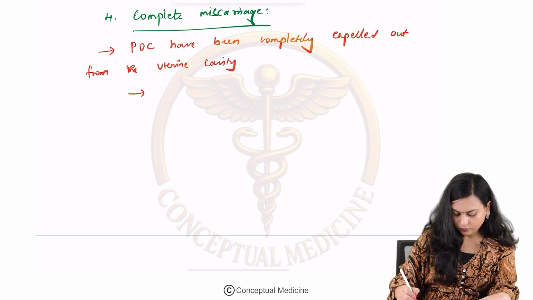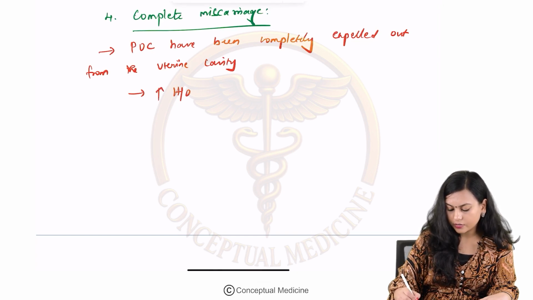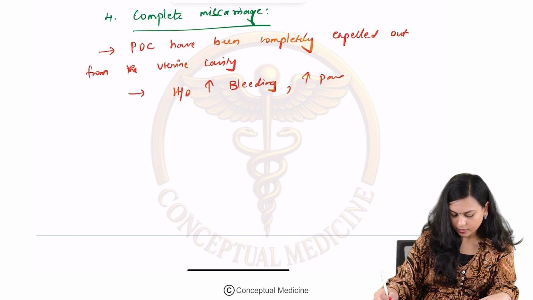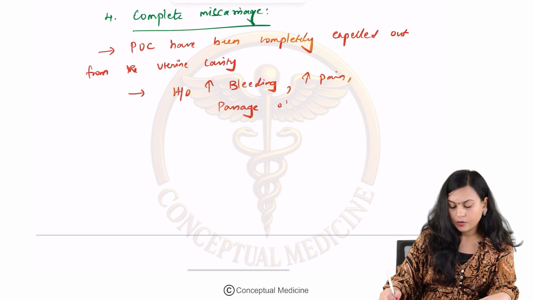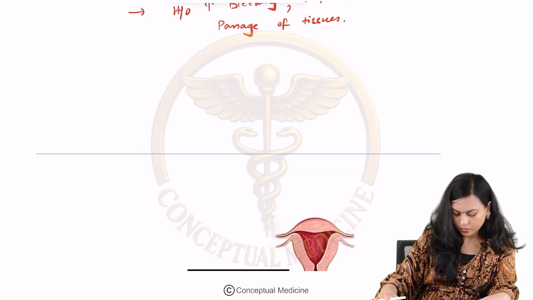That's it. Now, here also there can be a history of increased bleeding, pain also increased, and there is a history of passage of tissues also.